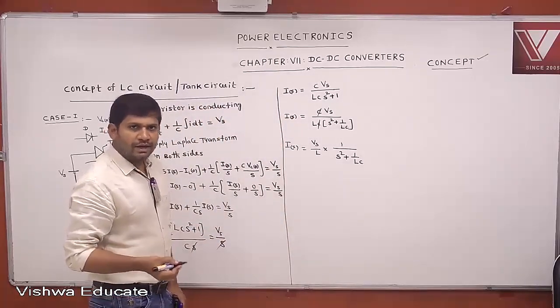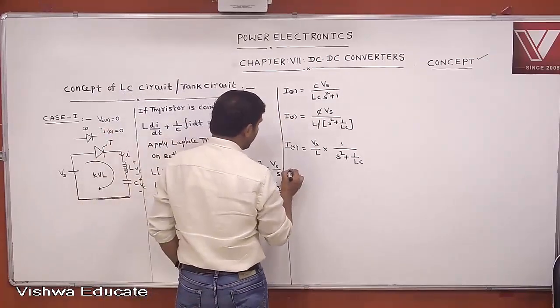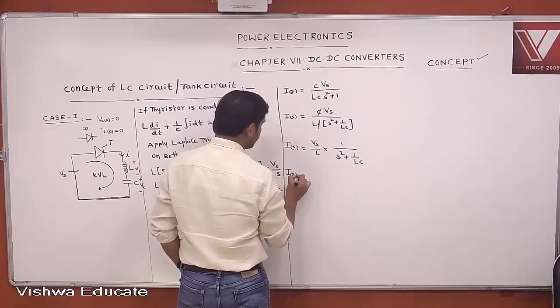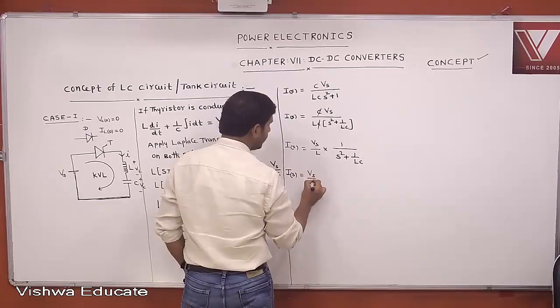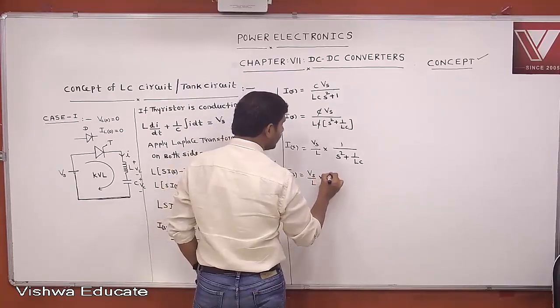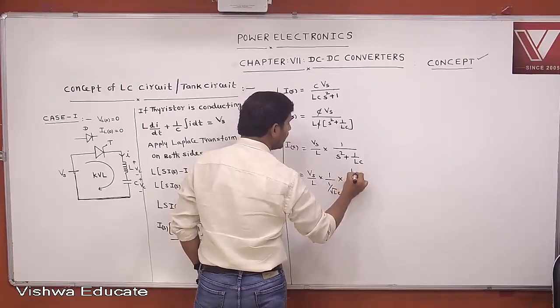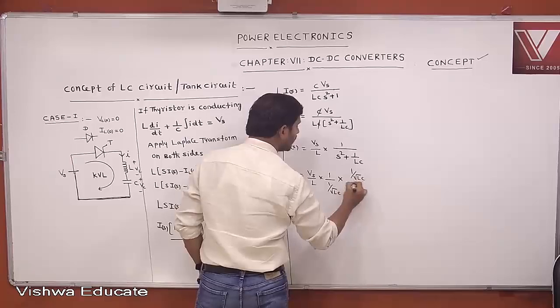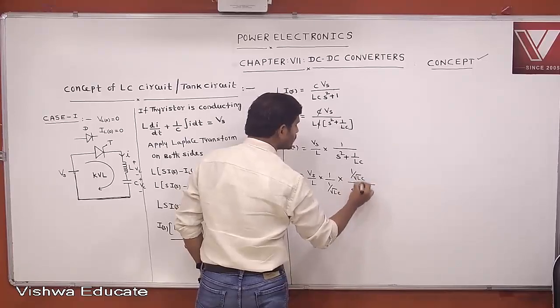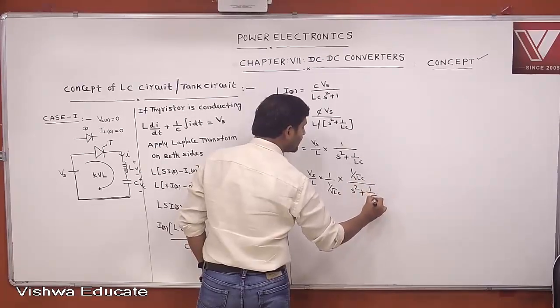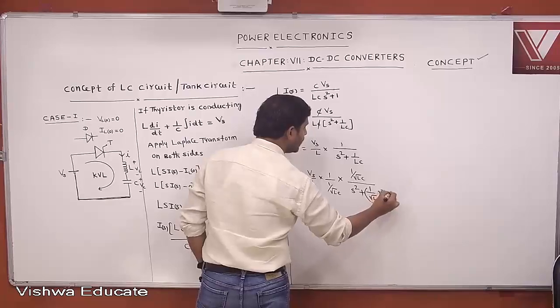Then to get one standard equation, I am writing here I of s equal to Vs by L into divide by 1 by root LC, multiplied by 1 by root LC, s square plus 1 by LC. I wrote 1 by root LC whole square.